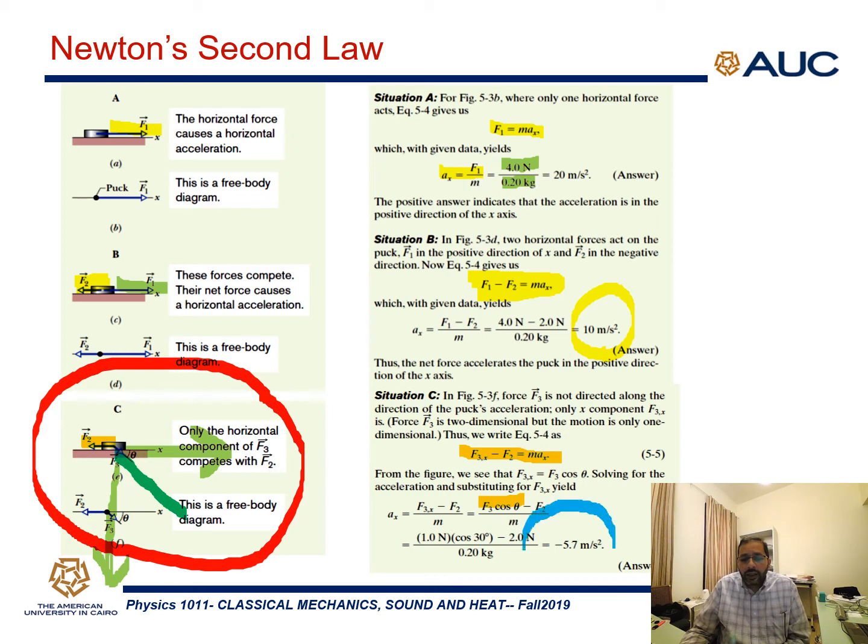The acceleration, as you see, is negative 5.7, which tells us that the magnitude of the acceleration is 5.7, and the negative sign tells us that it is directed to the left. So this means that the object, the block or the particle we study under situation C, will accelerate to the left side.